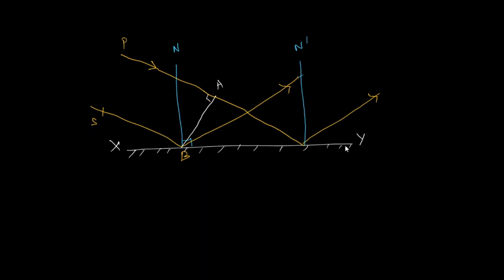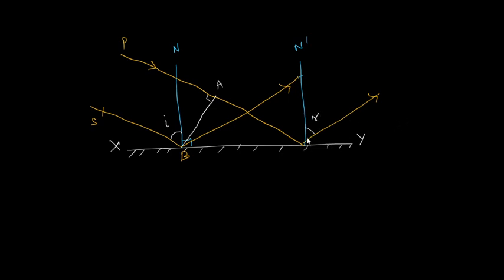Now this is the angle of incidence. Angle of incidence is the angle subtended by the incident ray to the normal. And here, this is the reflected ray, from the normal.